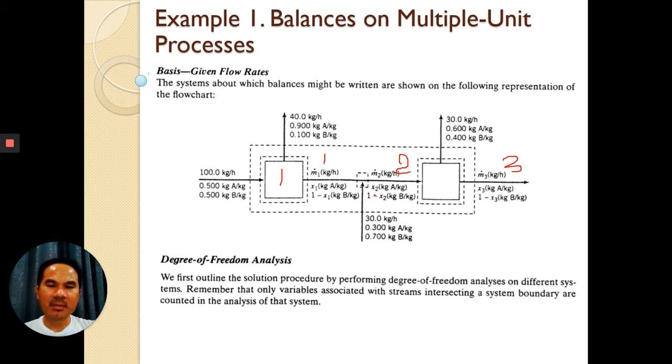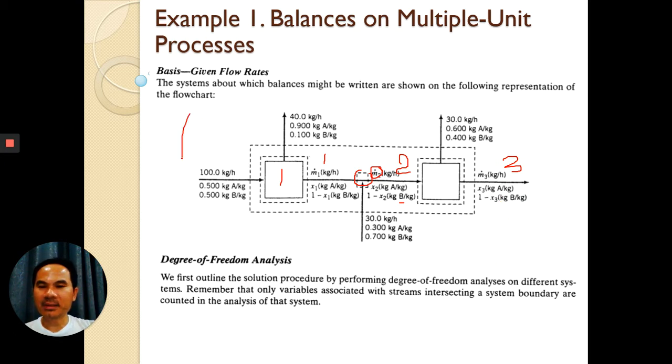X2 is the mass fraction of A after mixing stream 1 and the feed, 1 minus X2 is the fraction of B, and M2 is the total mass flow rate of stream 2. For stream 3, specify M3, the total mass, and X3 is the mass fraction of A. 1 minus X3 is the mass fraction of B.